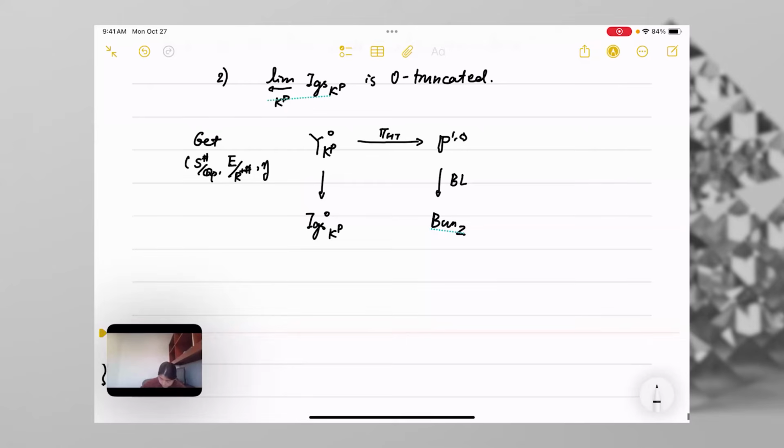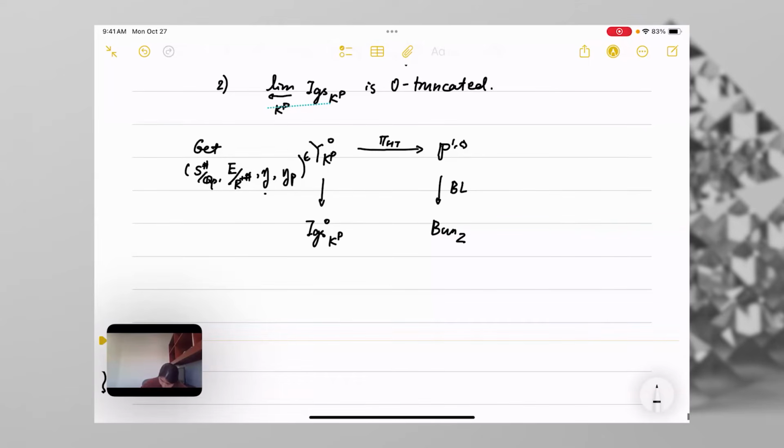Namely, from here we get an elliptic curve over R plus mod sharp, and then a trivialization of the level K upper p level, and then a trivialization of the Tate module at p. And then you forget everything else and just remember the reduction of E.